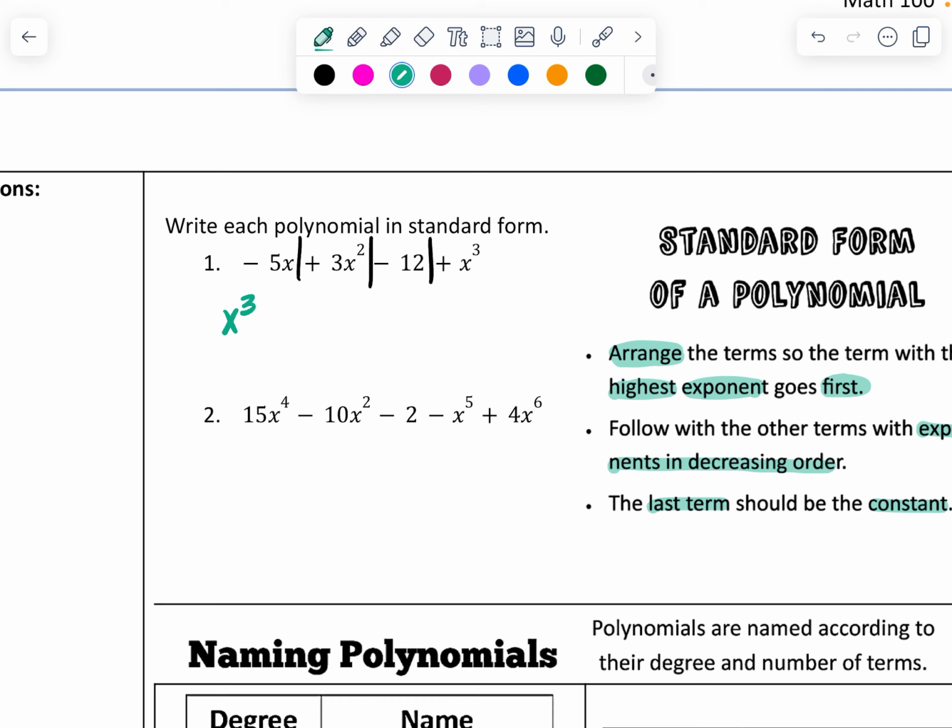The next highest exponent is x squared, so positive 3x squared is the next term. Now, if you just see x by itself, there is a 1 there. We don't ever write the 1, but it's there. So that would be the next one, which is -5x, and then I have the constant, which is -12. So now this polynomial is written in standard form.